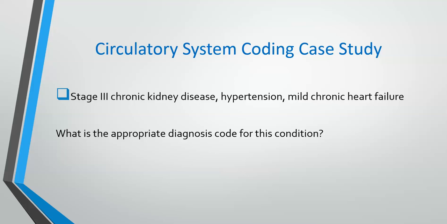Then you want to look up a code for stage 3 chronic kidney disease. So you go to disease, kidney, chronic, and we said stage 3 is N18.3.